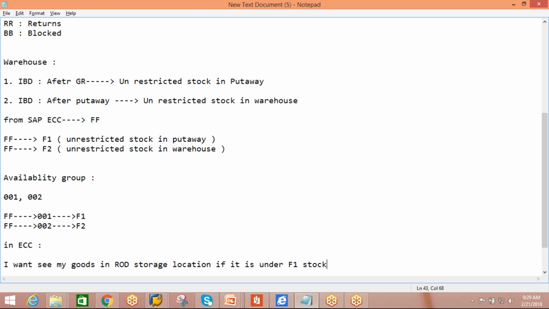Instead of typing a lengthy word, I am using F1. I want to see my goods in the ROD storage location if it is under F1 stock. F1 is unrestricted stock in put away.